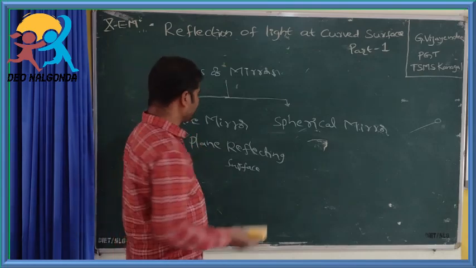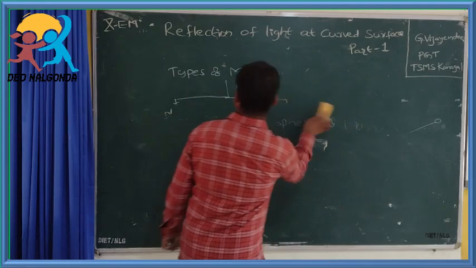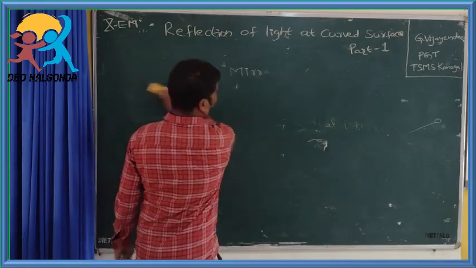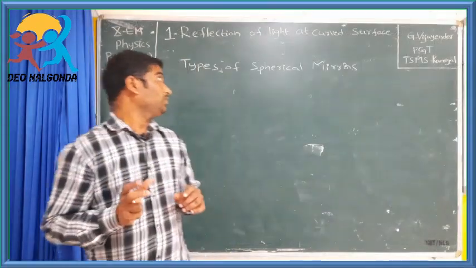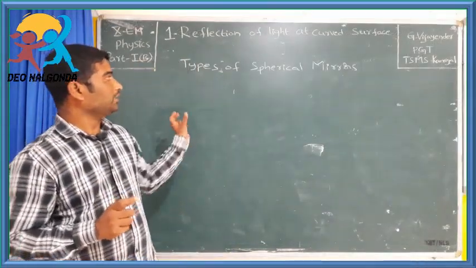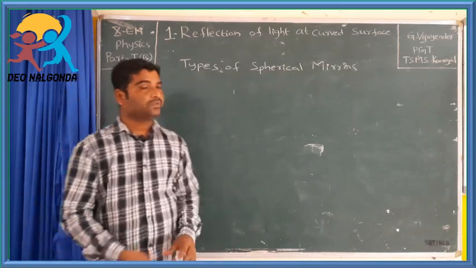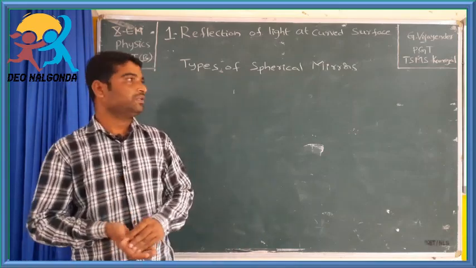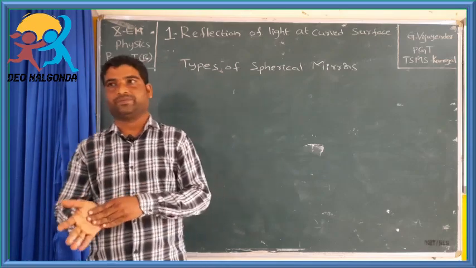Spherical mirrors are again divided into two types. In this class we are going to learn about spherical mirrors. In this particular video we are going to learn the types of spherical mirrors. Yesterday we saw that mirrors are of two types, plane mirror and spherical mirror.